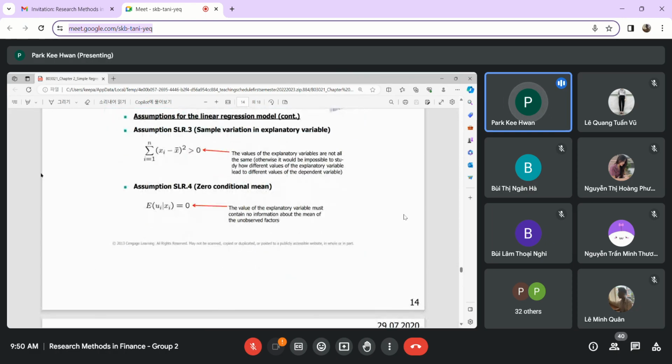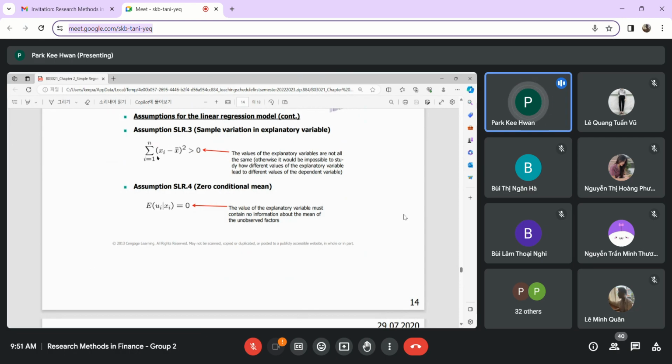And assumption 3, we assume that there is sample variation in the explanatory variable. In other words, if you take the sum of squared deviations of xi around its mean, the sum of squared deviations should be positive.